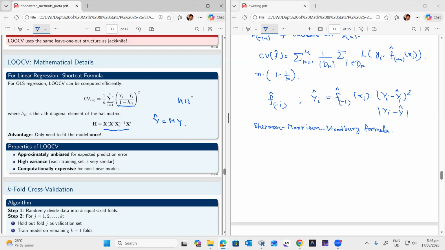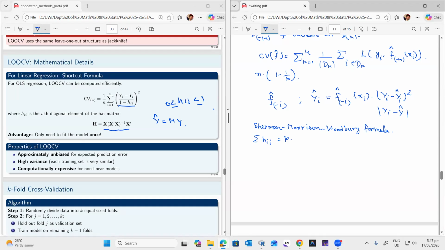h_ii basically lies between 0 and 1, and the summation of h_ii equals p, where a greater h_ii means greater potential to affect the regression fit.